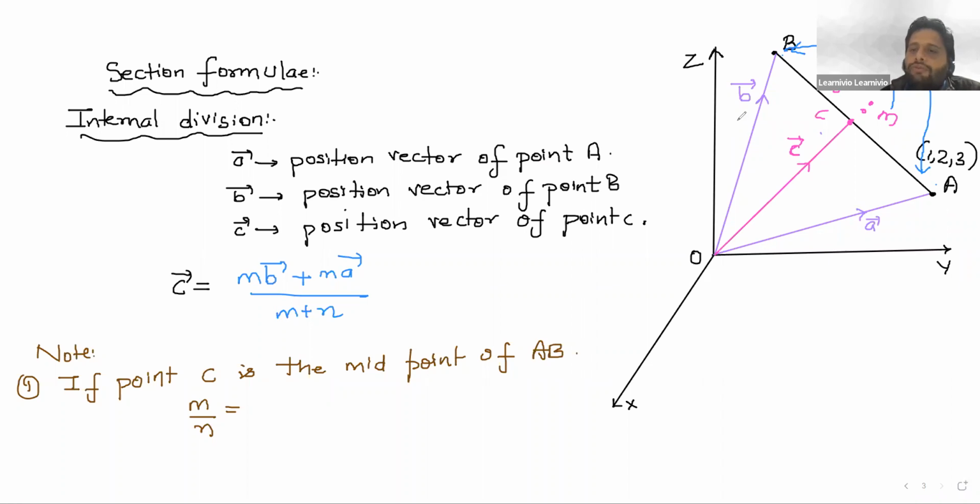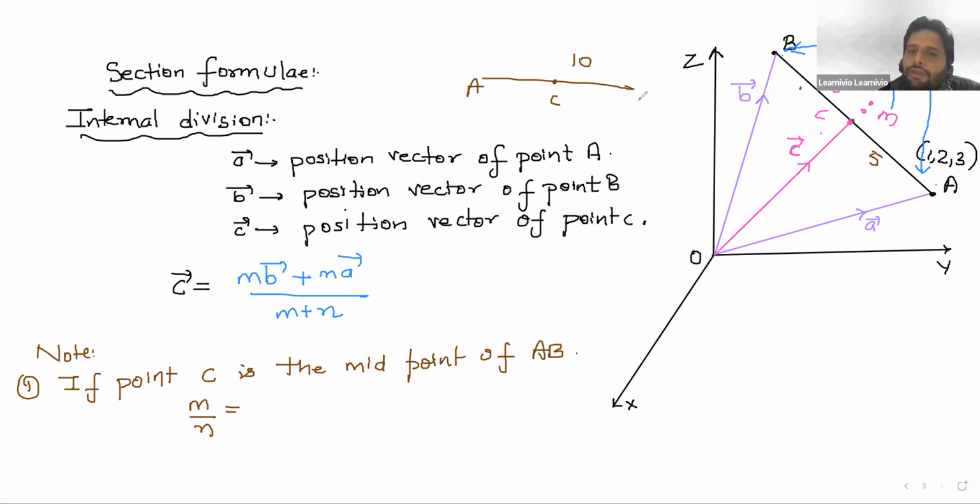M by N is the ratio. If this is the midpoint, suppose this distance is 5, Abdur, then what is this distance? Suppose you have this line which is 10. I'm saying that C is the midpoint.